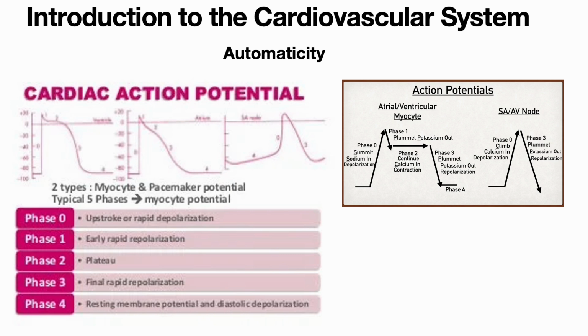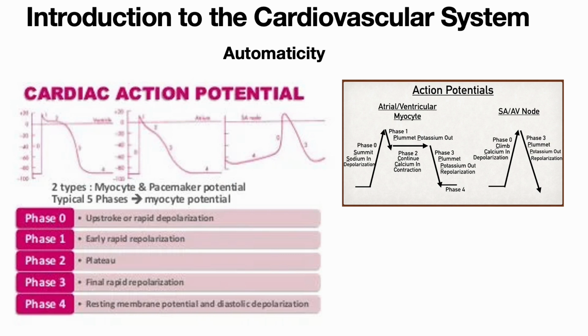Phase 2 or plateau occurs when the cell membrane becomes less permeable to sodium and calcium slowly enters the cell and potassium begins to leave the cell. The cell membrane is trying to return to its resting state, a process called repolarization, which means the return of the polarity on either side of the membrane.